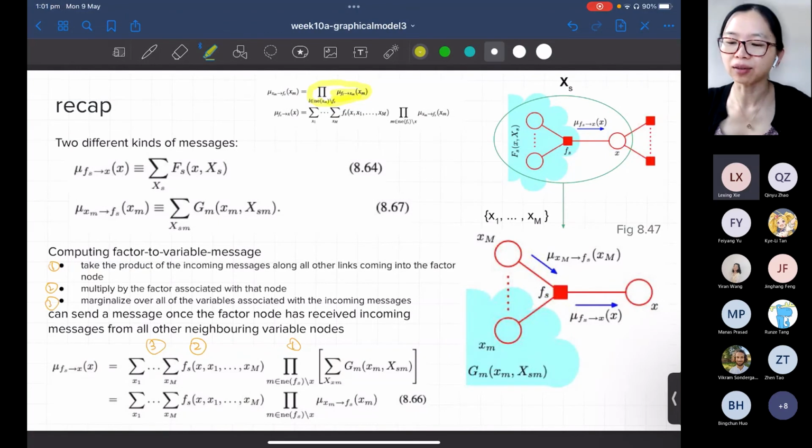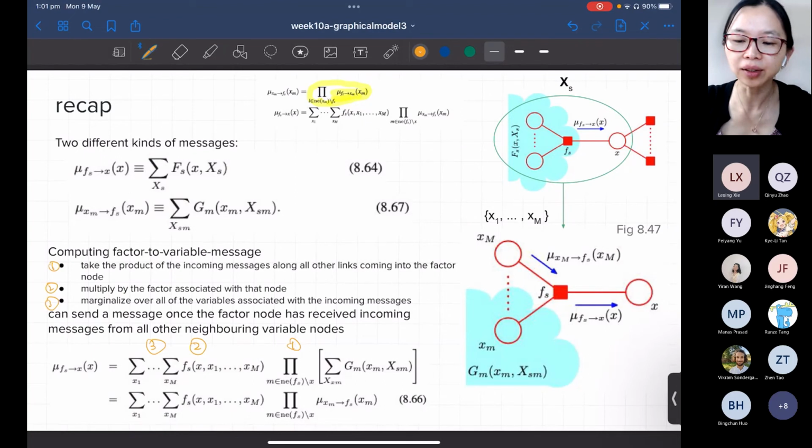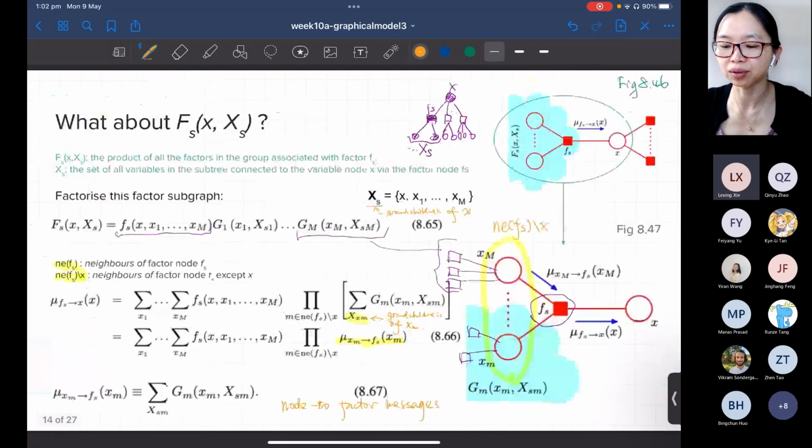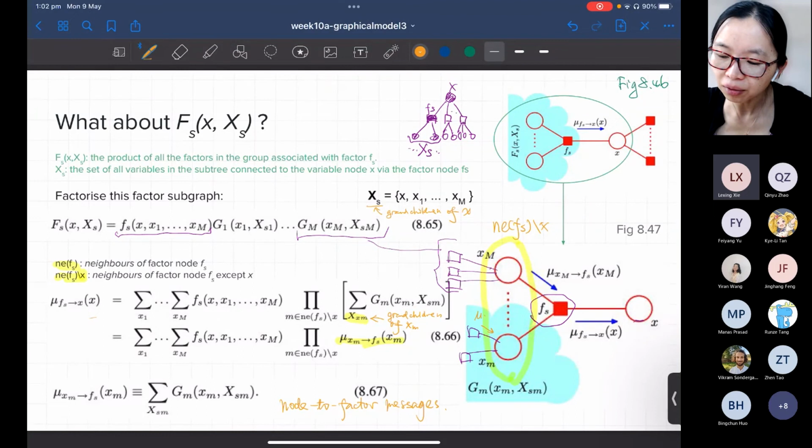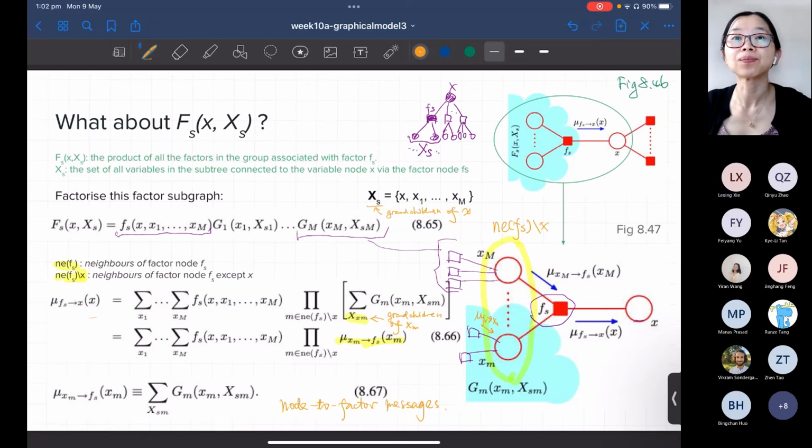Basically, if any of these x_m is not a leaf node, then the G term is a multiplication of the incoming factors from the factor nodes. Each of these will have a mu of some factor to some x_m, and I multiply these messages to get the G term. I hope that helps.